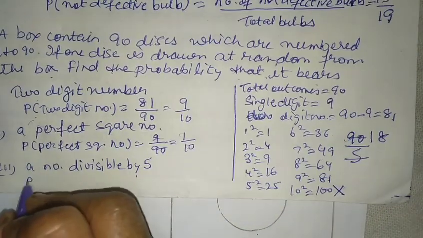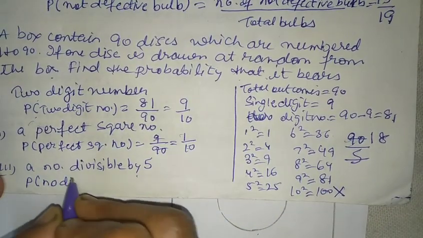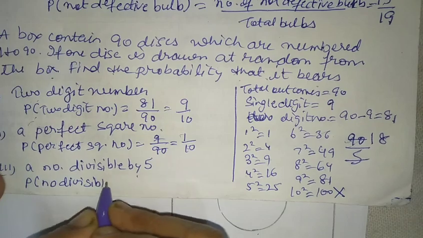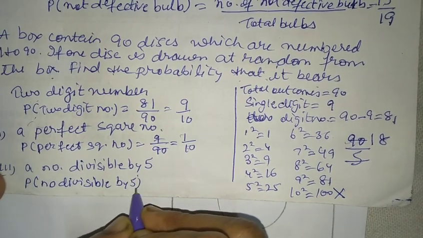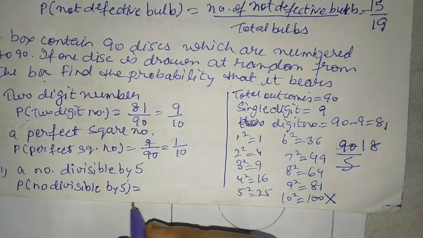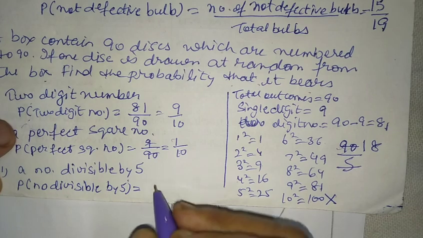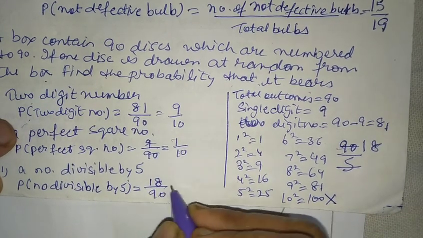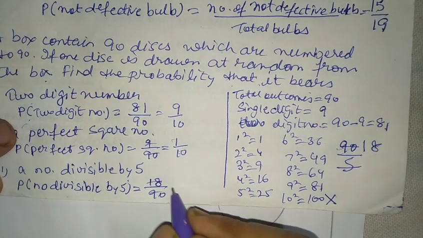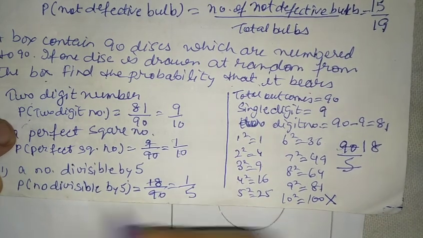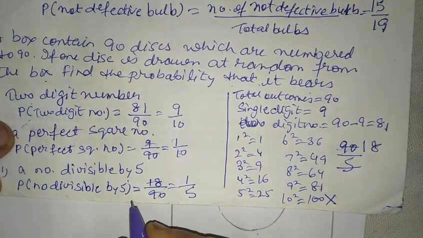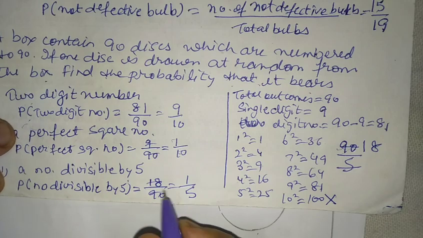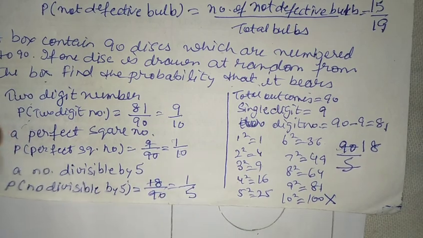So the probability of getting a number divisible by 5 will be the total number divisible by 5, that is 18, and the total outcome is 90. So we divide by 18. 18 ones are 18 and 18 fives are 90. So the probability of getting a number divisible by 5 will be 1 by 5. This was our question 18.